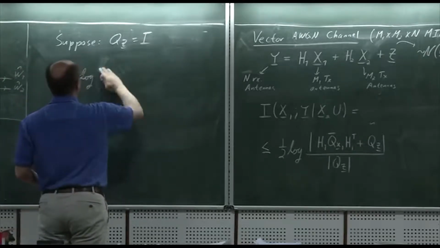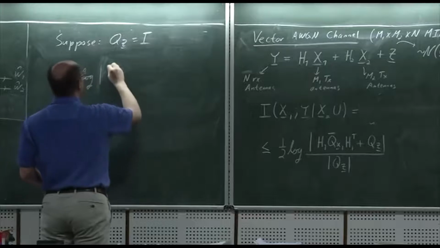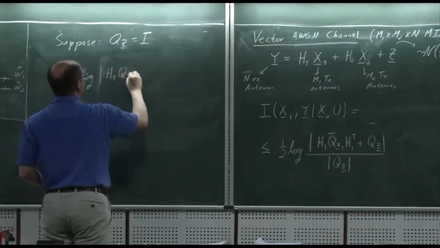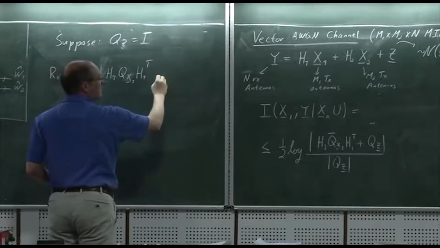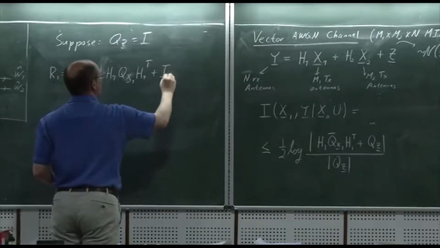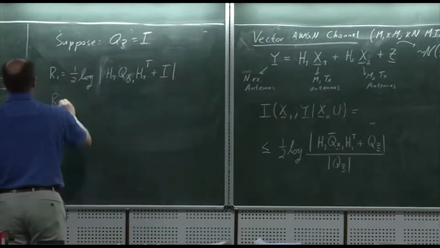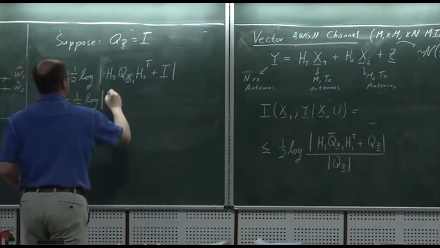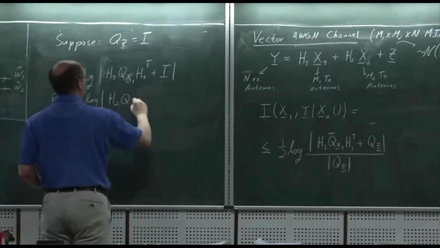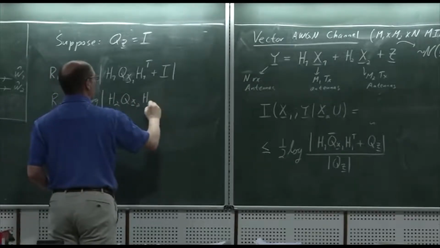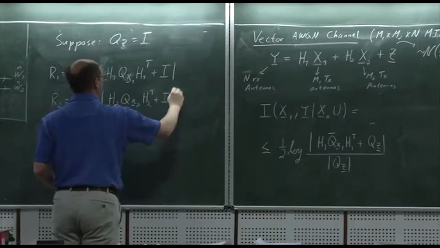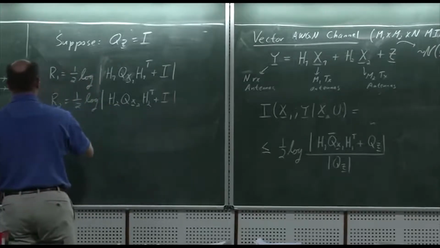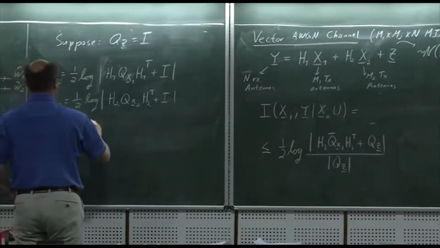So we get log now of the determinant of H1 QX1 H1 transpose plus I, let's say. And similarly with R2, of course, by symmetry, we'll just get the same thing: H2 QX2 H2 transpose plus I. And for the sum rate, we'll also get something similar.